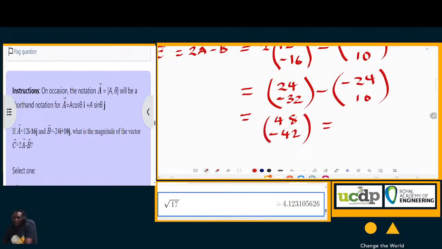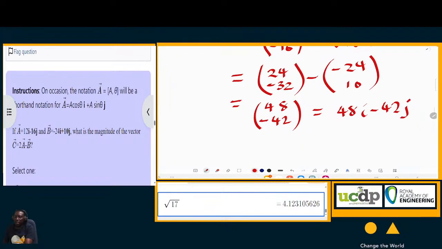So in other words, this is 48I minus 42J. That will be your vector C. This is vector C. But what does the question require us to find? What should we find according to the question? What do we want?